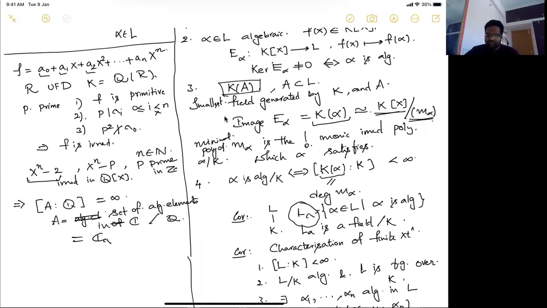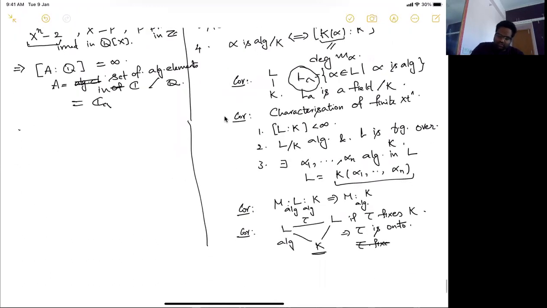Okay. And then we have seen two other criteria, namely using substitution. Substitution means by linear change of variables. So you can show that a given polynomial is reducible.